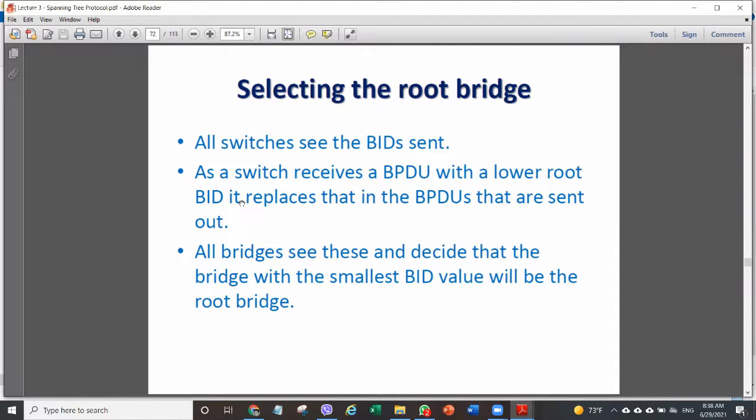It replaces the present root bridge ID with the newcomer's one and reproduces the BPDU through the network. Eventually, the root will be changed, right?